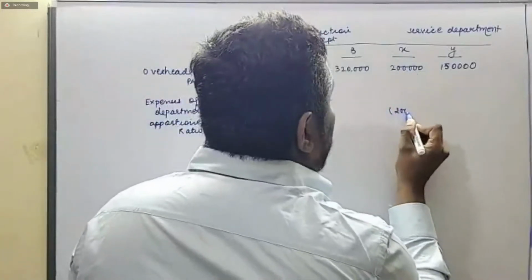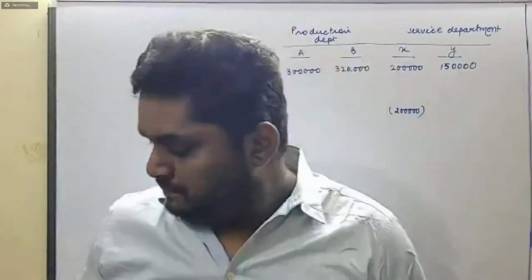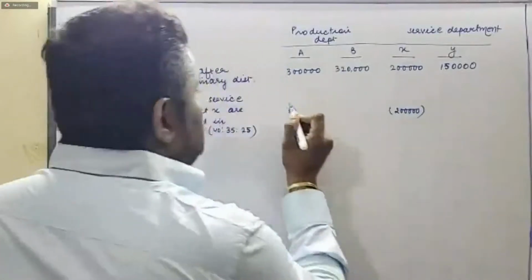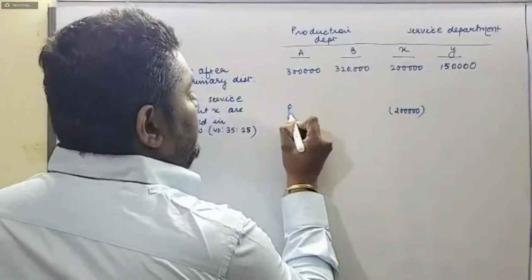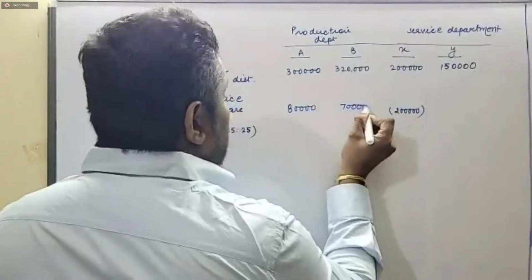This is 2 lakh. So this will be 80,000. This will be 70,000.